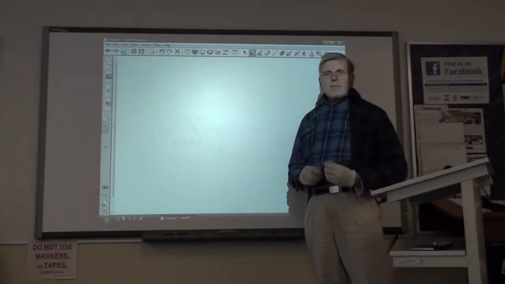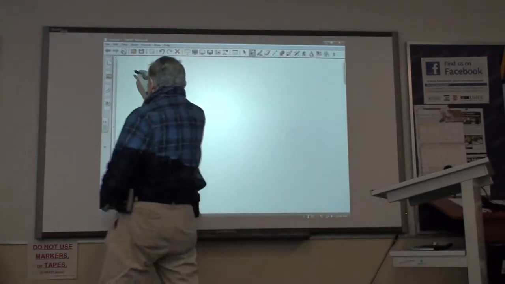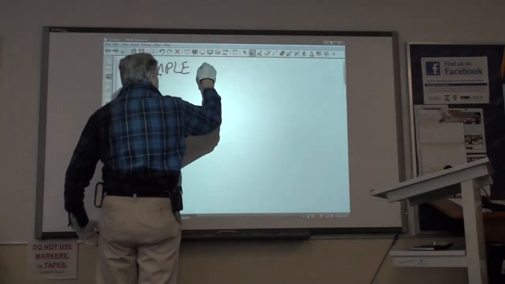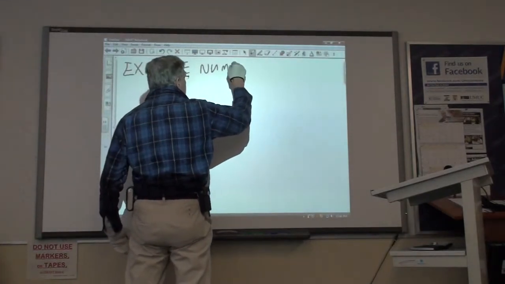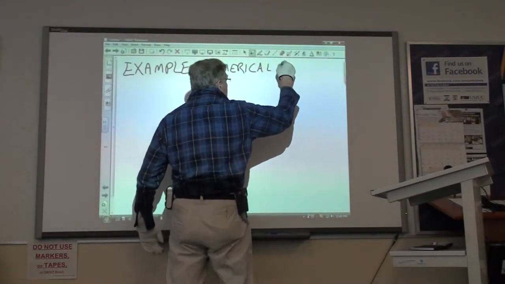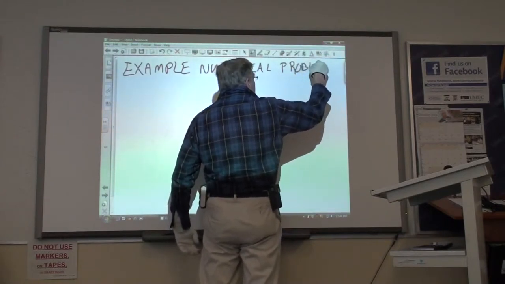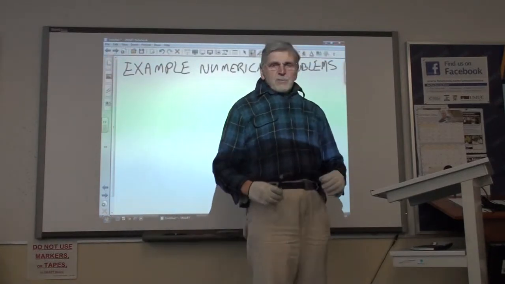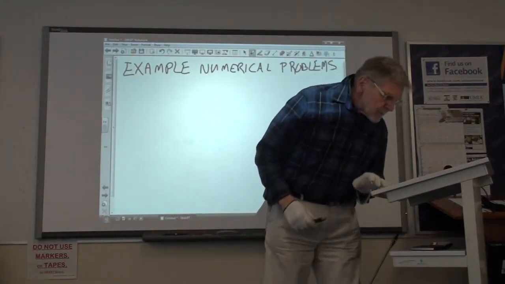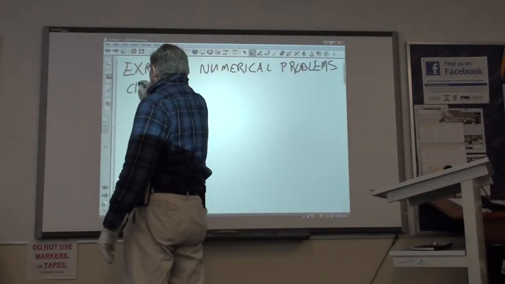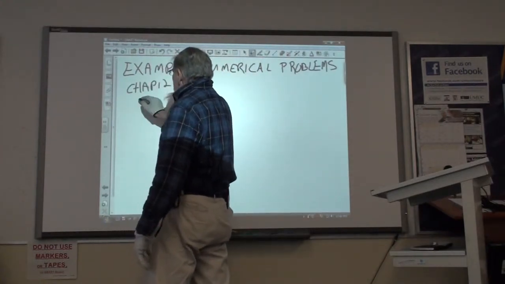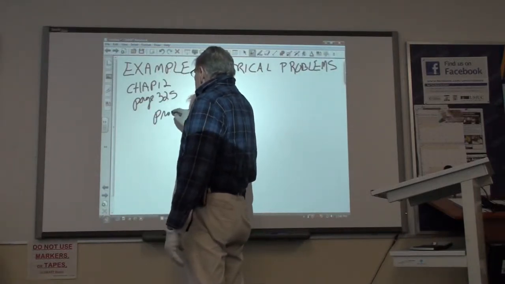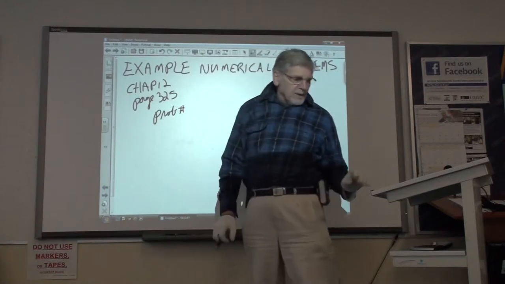Let's do some example numerical problems. The first one that I will do is from chapter 12 on the sun, on page 325, and it is problem number 1.